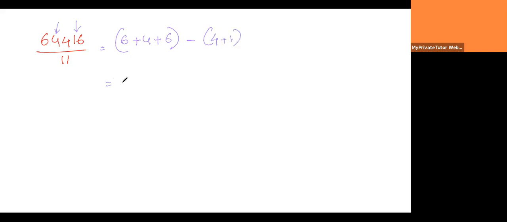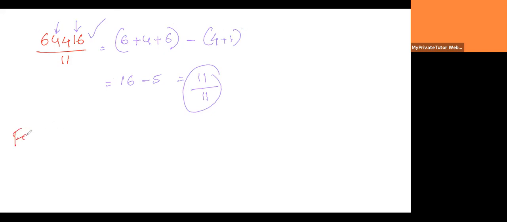Then subtract both. So we have 16 here and 5 here, which gives 11, isn't it? So 11 is divisible by 11. So the original number is divisible by 11. Hope everyone understands this.